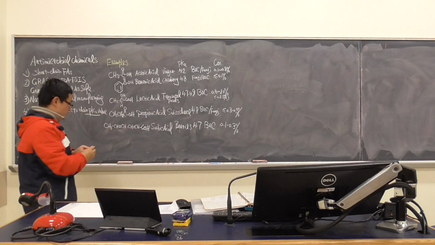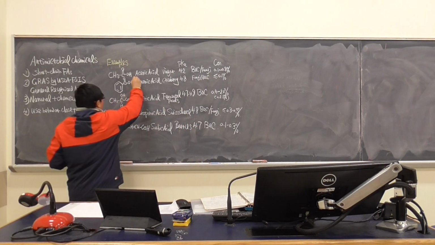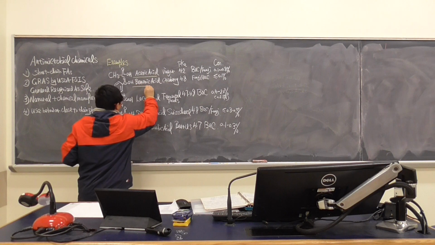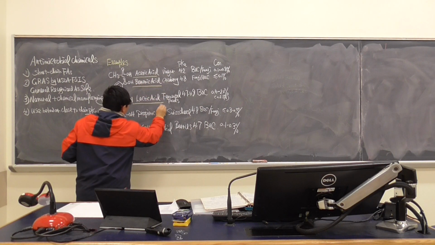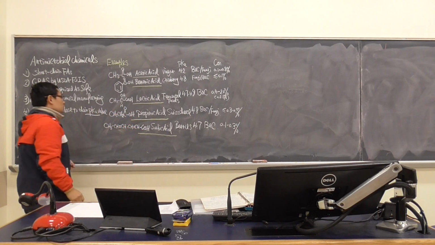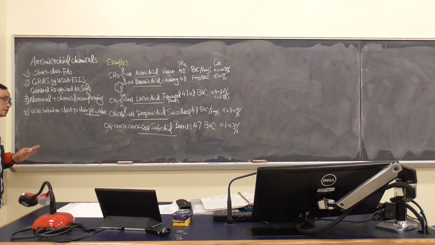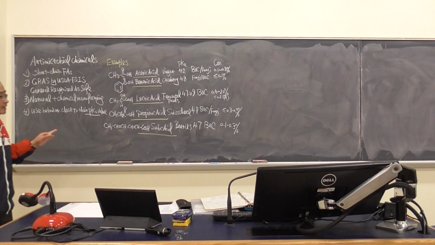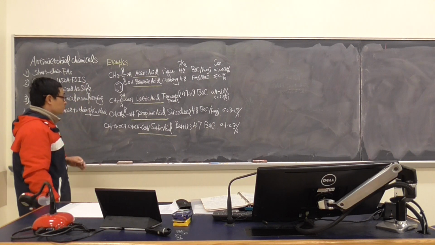So these are the major things they talk about for the microbiology textbook, for the chemistry textbook. So obviously you can see these can belong into fatty acids, very short chain fatty acids.